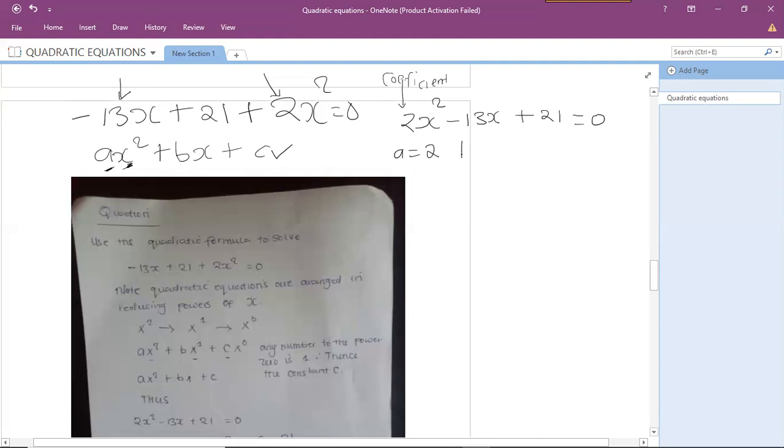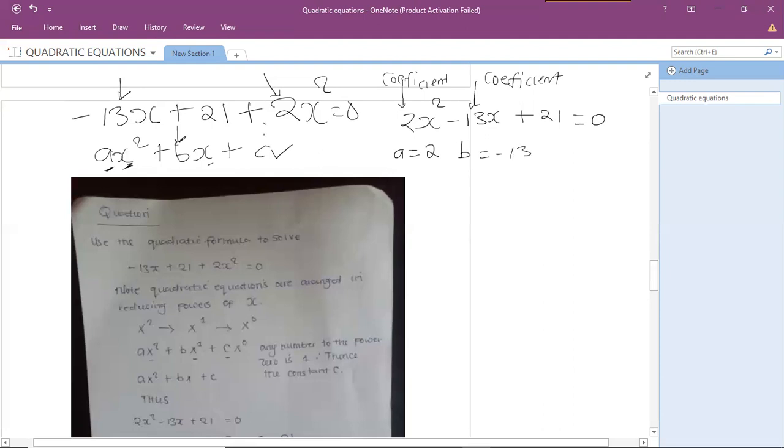What about the coefficient on x there? The b. The coefficient on x is negative 13. Remember, I told you coefficients are integers, so don't always be expecting positive values. So b is negative 13.